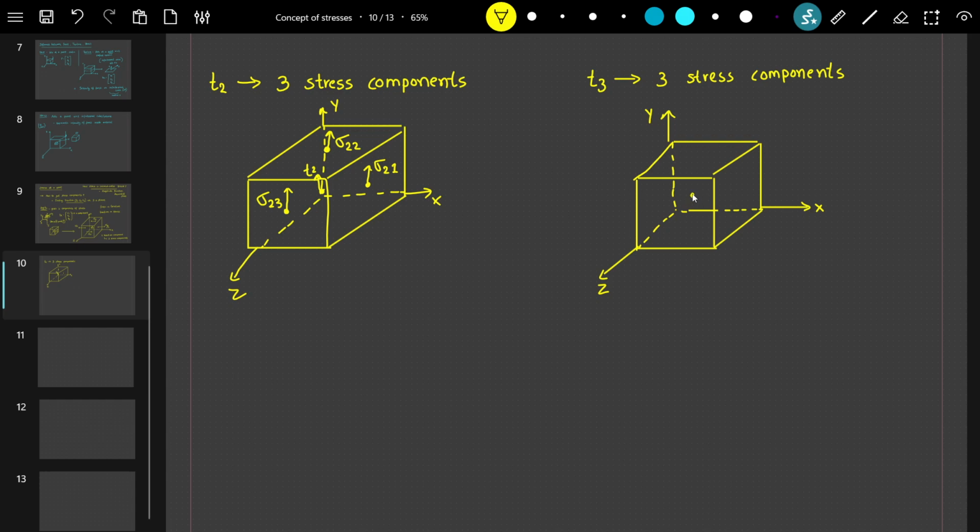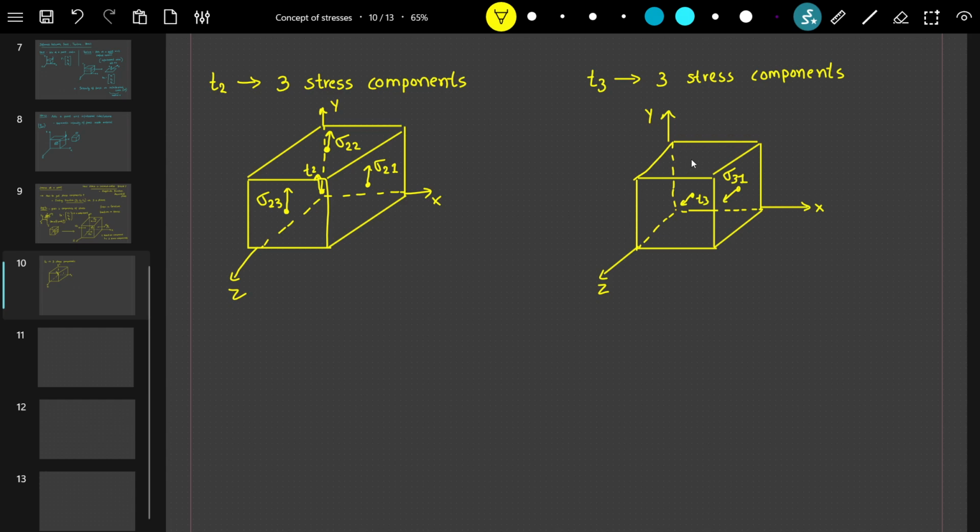This is T3 in the Z direction. Finding the T3 component on the X plane, we get this stress, sigma 3 1, due to T3 on plane 1.